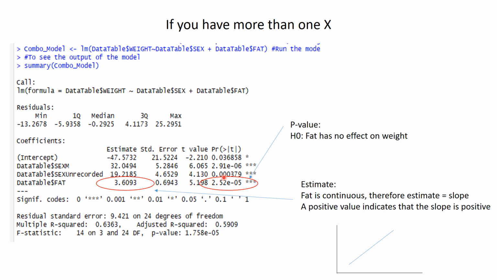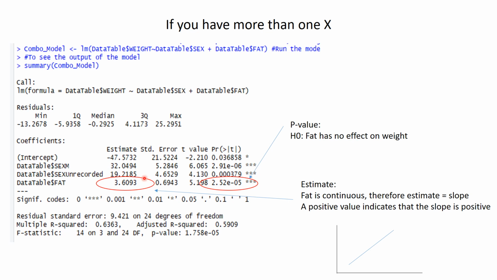But our p-value is very small, so we reject the null hypothesis, and so we can say fat has an effect on weight. And because this is a continuous variable, this p-value is the same as the p-value in the ANOVA output. So you can get this p-value either from here or from the ANOVA output. But for a categorical variable, you don't have one p-value for sex here, so that's why you need that ANOVA table to get one p-value for sex.